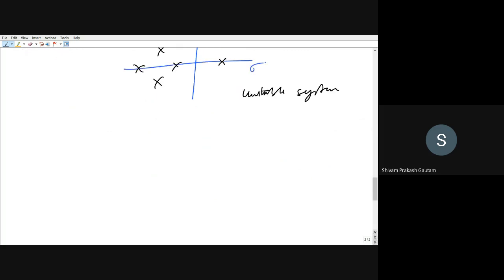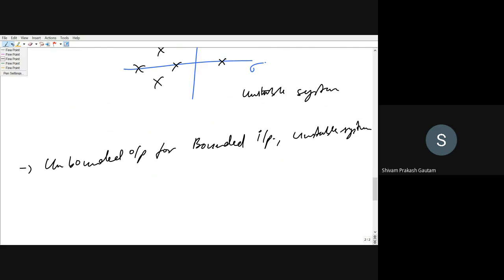Next definition of unstable system is unbounded output for bounded input. If you are providing a bounded input to a system and you are getting an unbounded response, then we can say that the system is an unstable system.